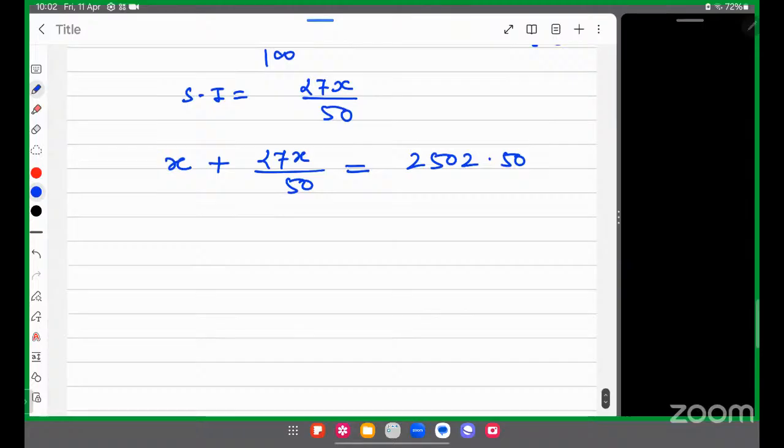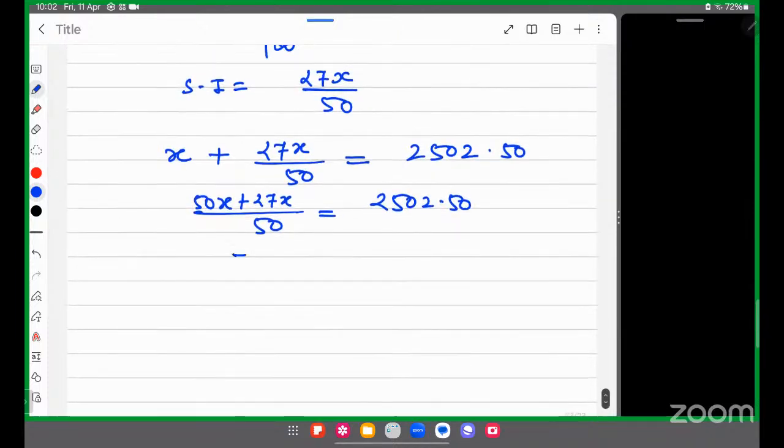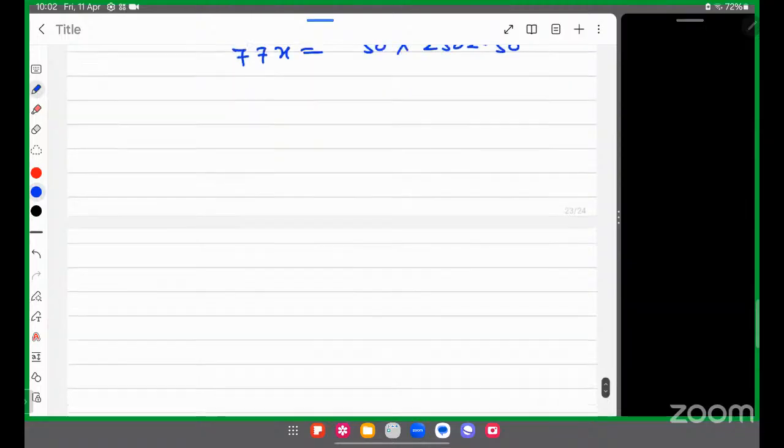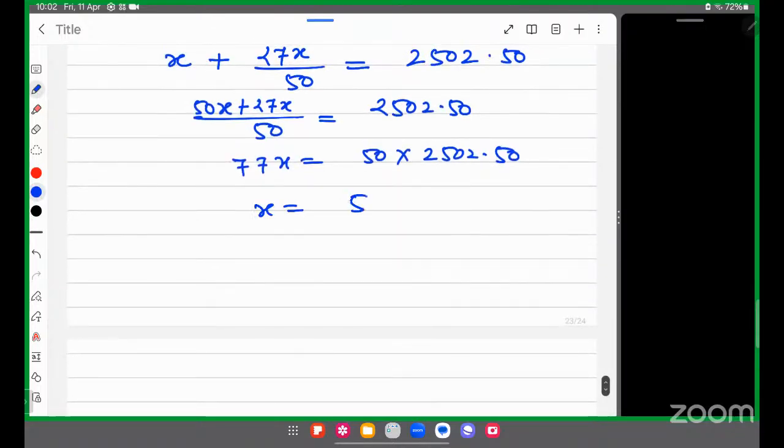And from here we have to find out x. So if I rearrange it, this will be 50x plus 27x divided by 50 is equal to 4502.50, and this will be 77x equals 50 into 4502.50, and finally we will have the value of x, that is 50 into 4502.50 divided by 77. Will you be able to solve it?